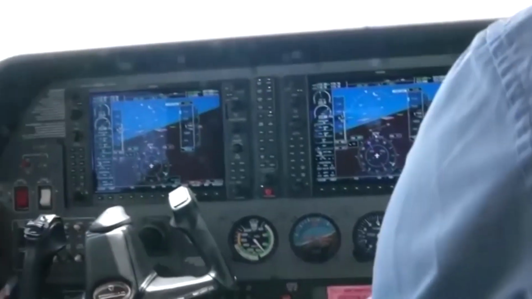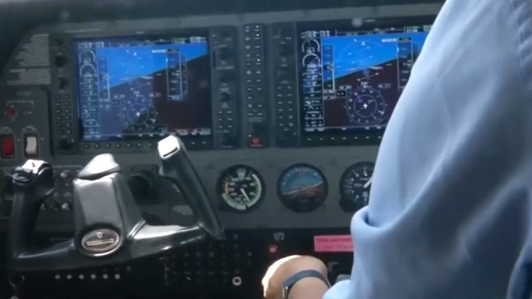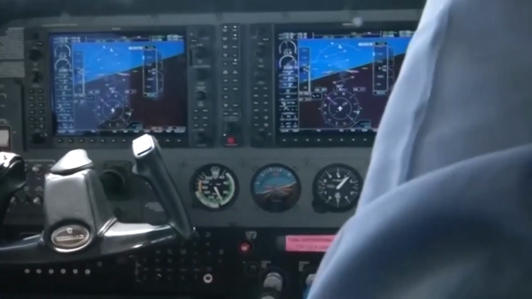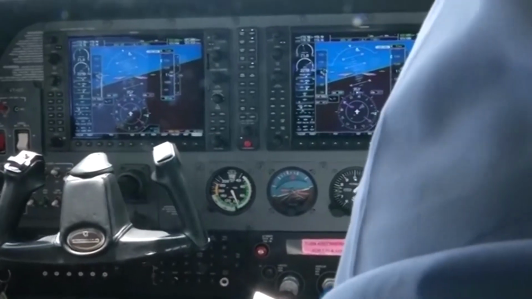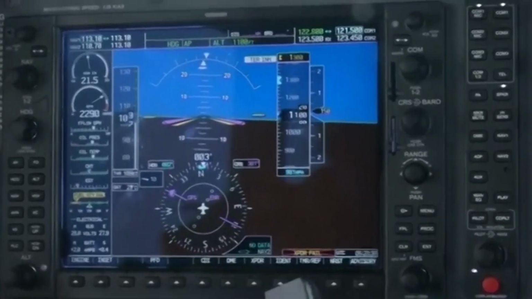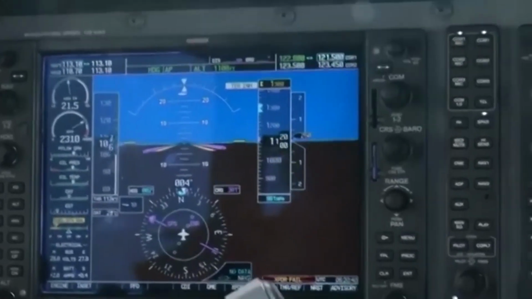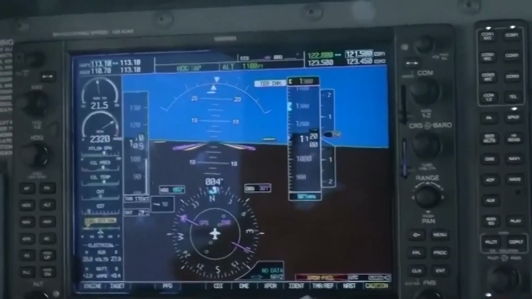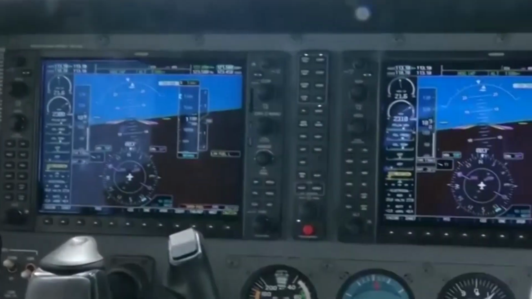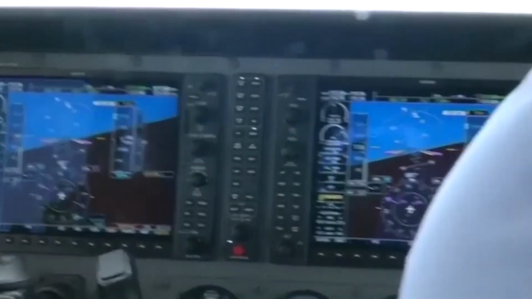Just keep a watch on the airspeed of the aircraft. See at 2300 RPM, we have a manifold pressure of 21.6 inches.